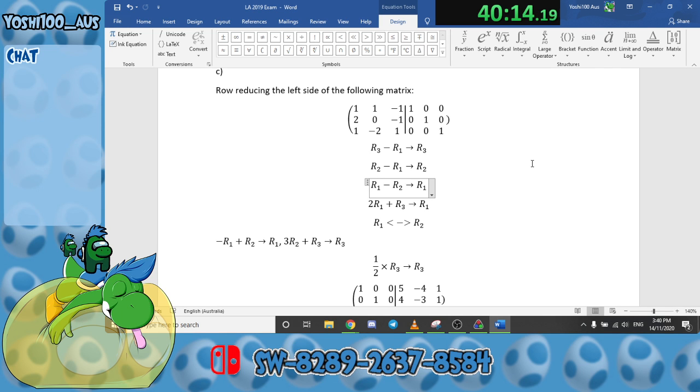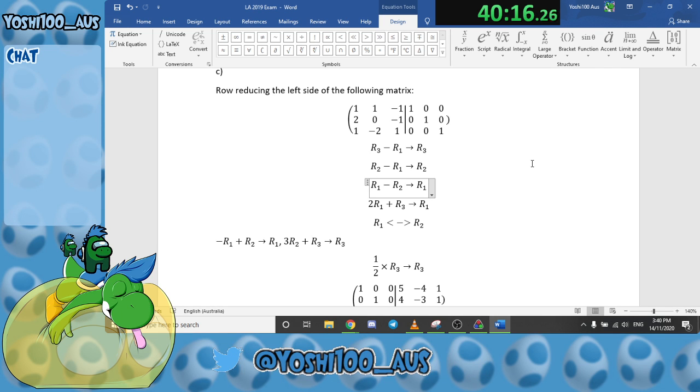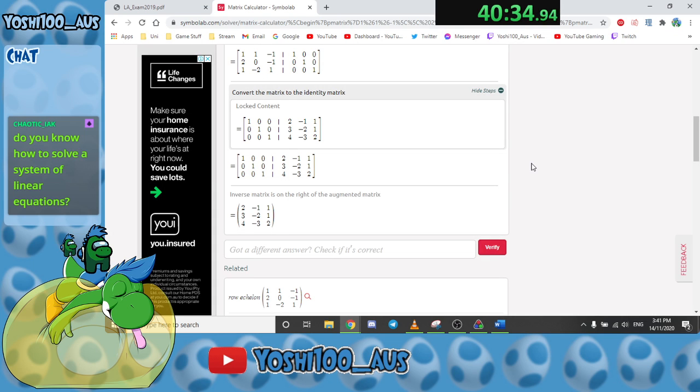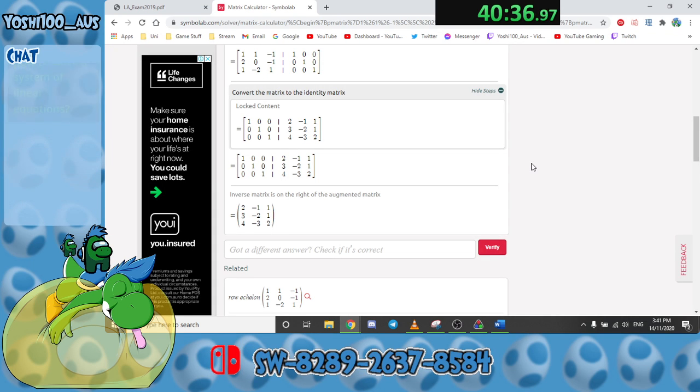Yeah, that makes sense now. That's very obvious. So what I'll do is note this is not correct. Actually, it reduces to 1, 0, 0, 0, 1, 0, 0, 0, 1, with the right side being 2, 3, 4, minus 1, minus 2, minus 3, and 1, 1, 2.